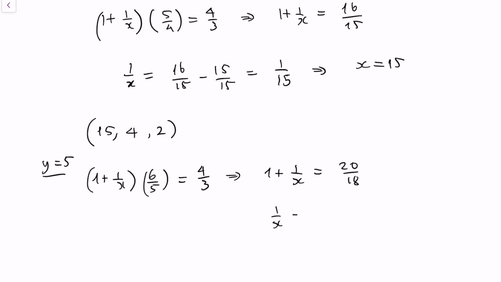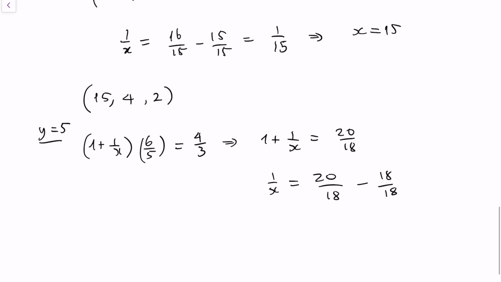So 1 over x is equal to 20 over 18 minus 1. Okay, so 1 over x is equal to 2 over 18, which is equal to 1 over 9. So x must equal 9, right? So we have 9, 5, 2 as our other solution.